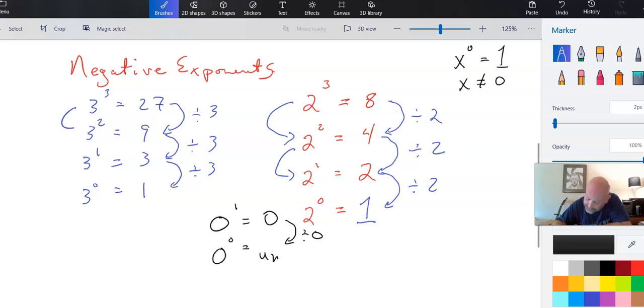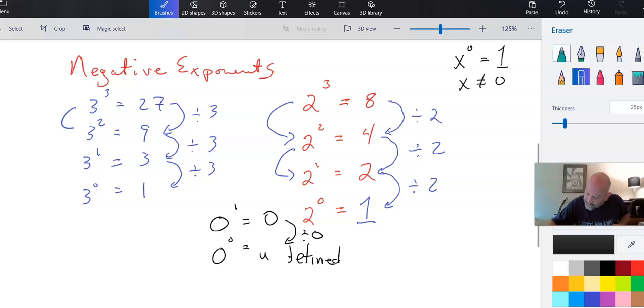Technically, it's indeterminate. Sorry about my handwriting, but you should probably be used to it by now. But yeah, that ends up being undefined. Okay, so that's 0 exponents.